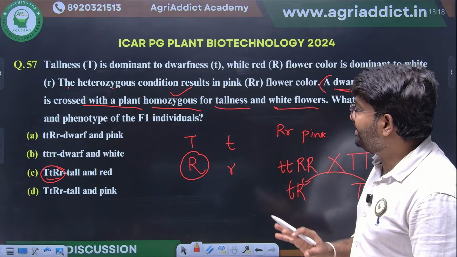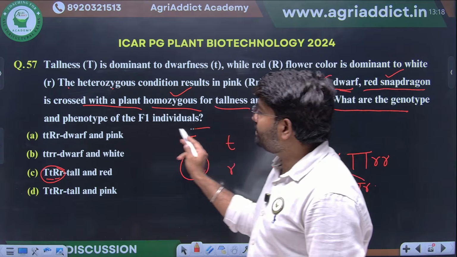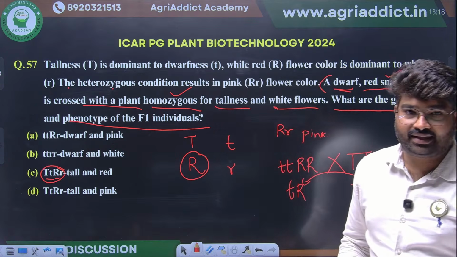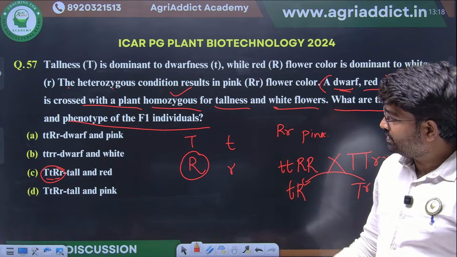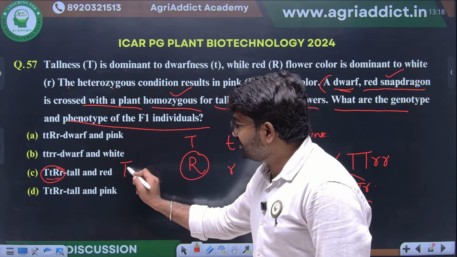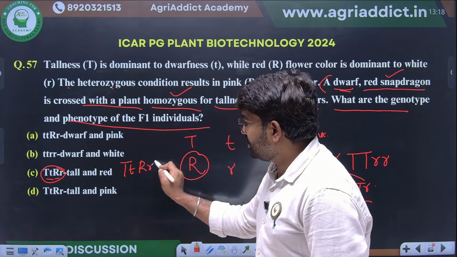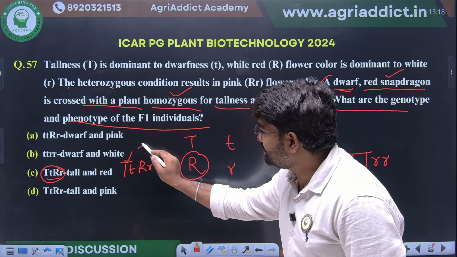But what they are asking is the genotype and phenotype of the F1 individual. From this cross we know capital T small t, capital R small r is produced. Capital T will be dominant, so that will produce tall only.